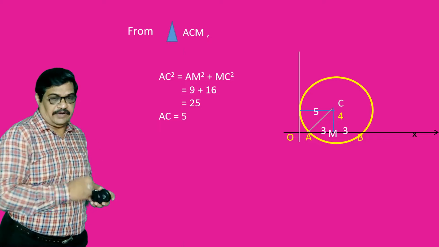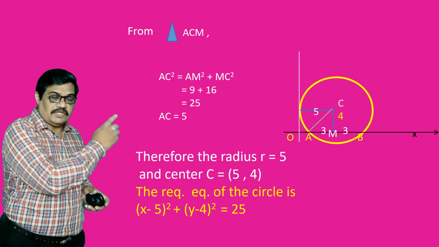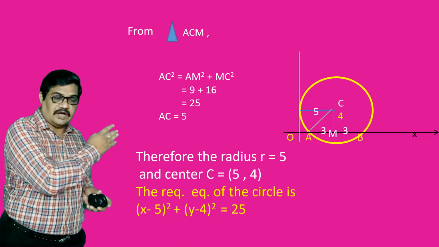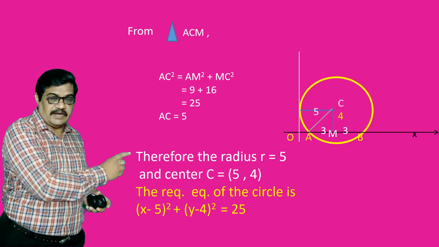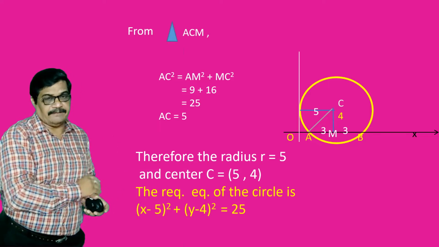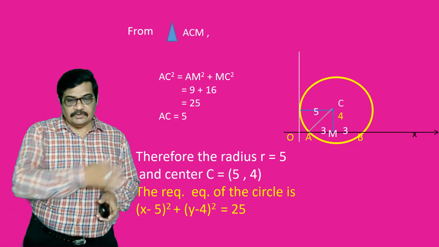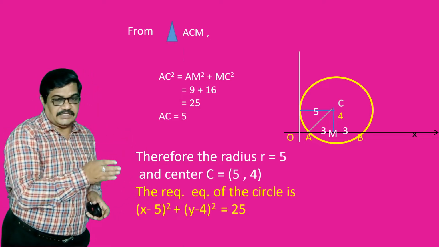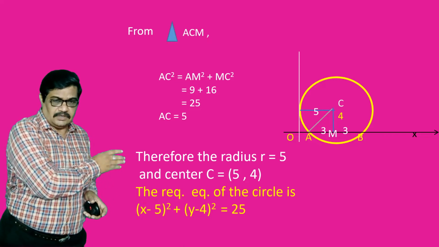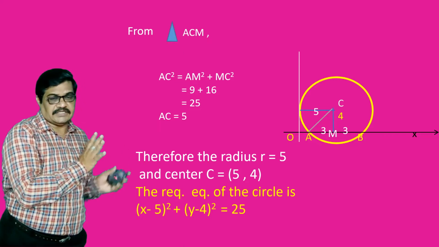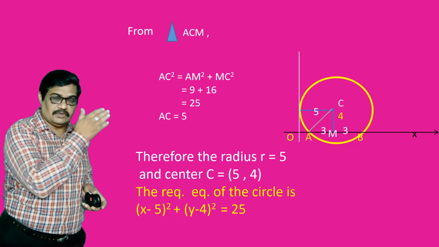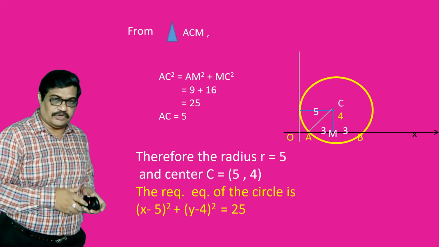It is 5 units. Therefore, the radius is 5 units and for the center, the x coordinate is 5 and the y coordinate is 4. See from the figure, the OC distance, that is the x coordinate of the center, is 5 units and the y coordinate of the center is 4 units.